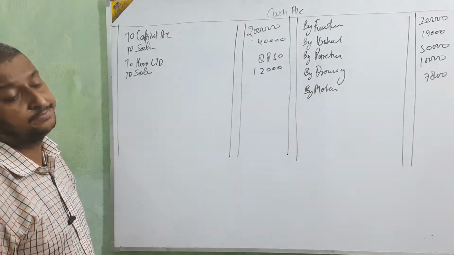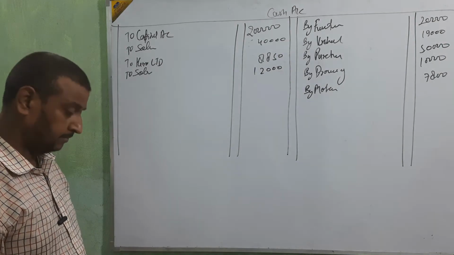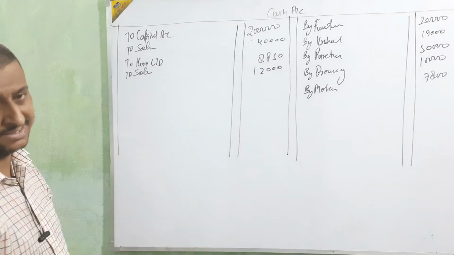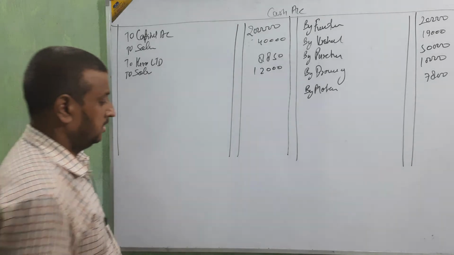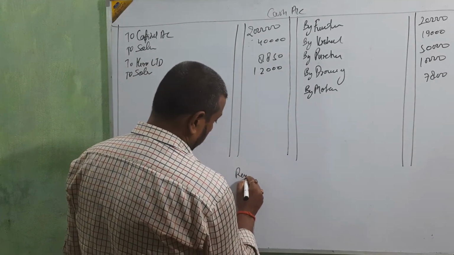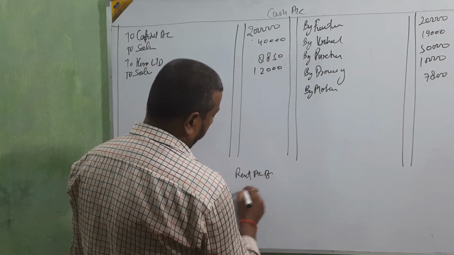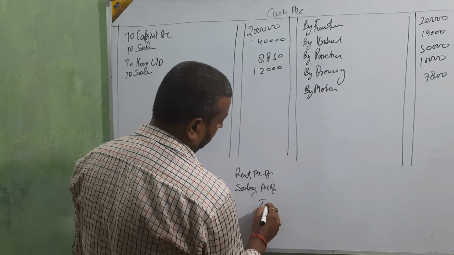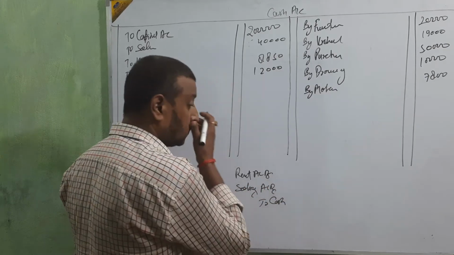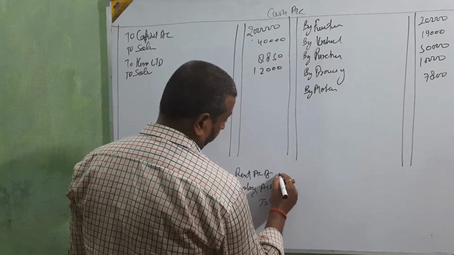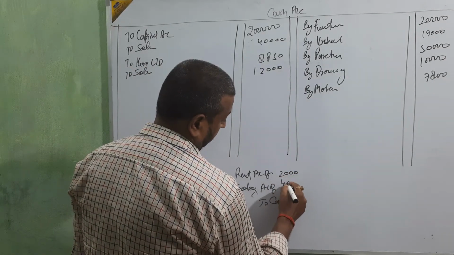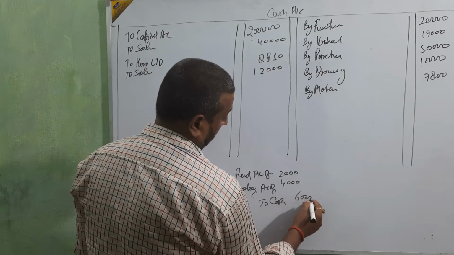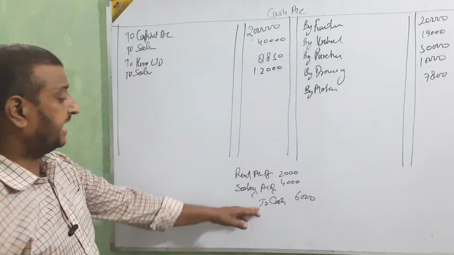Okay, next. Rent account debit, salaries account debit to cash account 6,000. Amount: rent account 2,000, salaries account 4,000, to cash total 6,000. Just see, again cash is what?